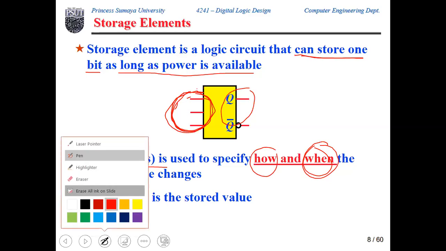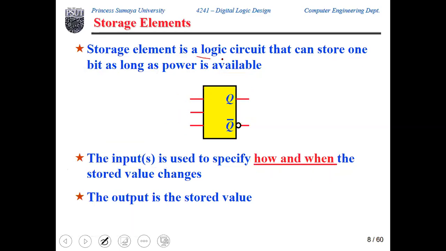Now for the outputs of the storage element. Because it is a logic circuit, the output is called Q, which is basically the stored value. By definition, most storage elements come with another output, which is the complement of the stored value. So Q is the stored value, and Q bar is the complement of it.